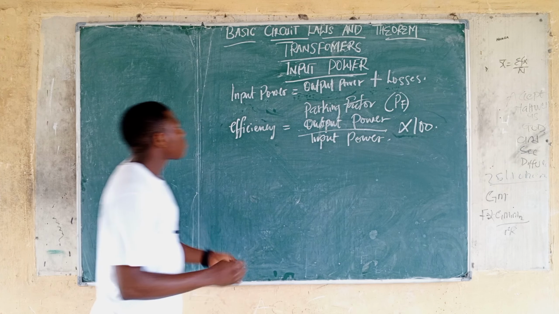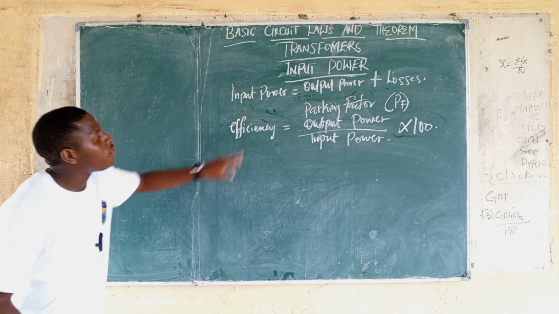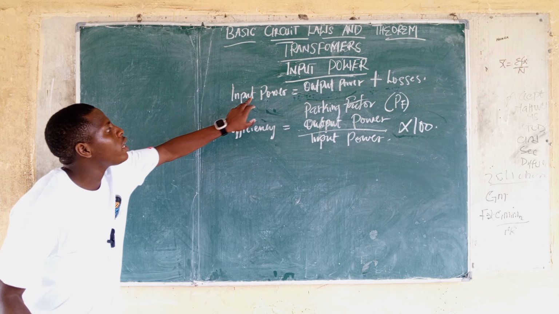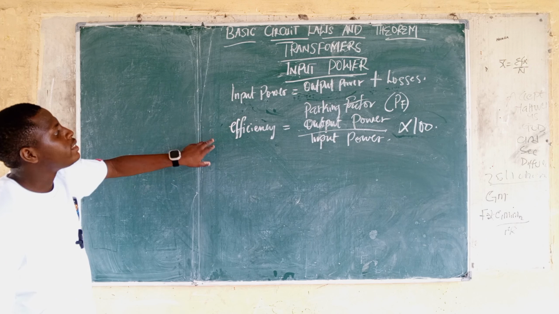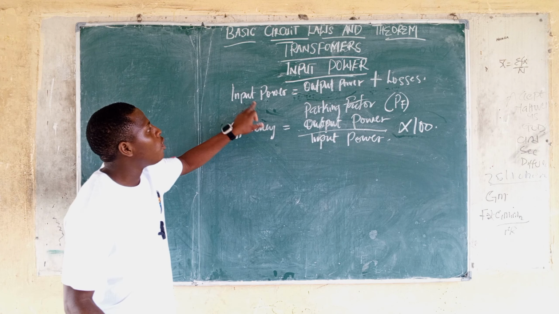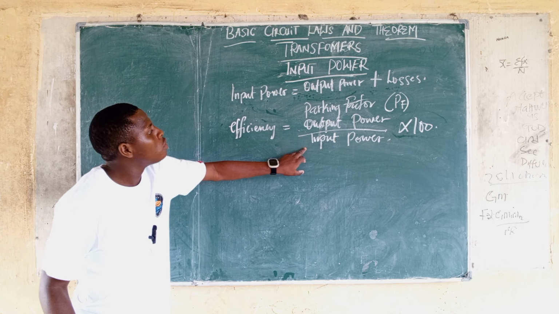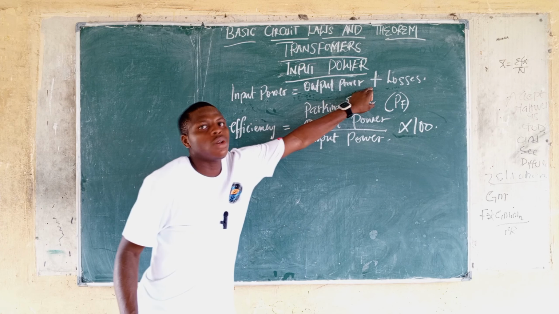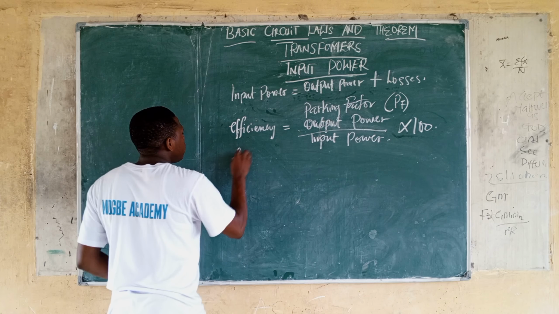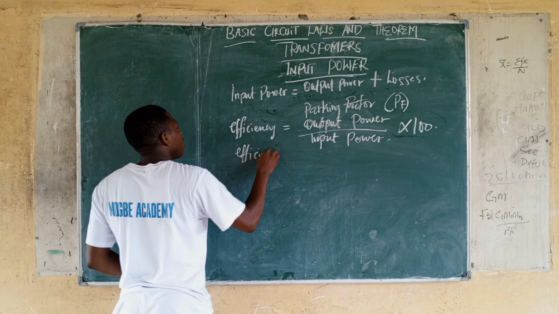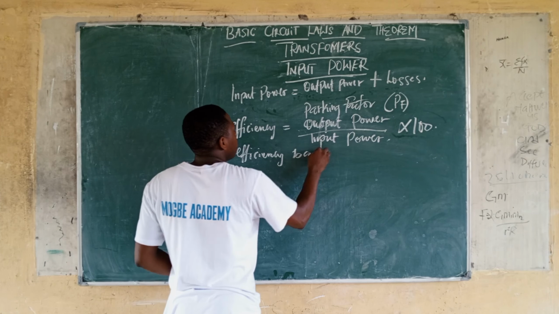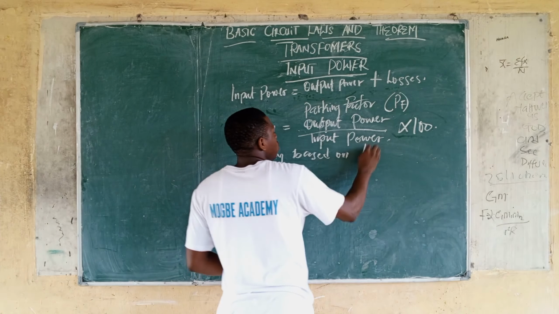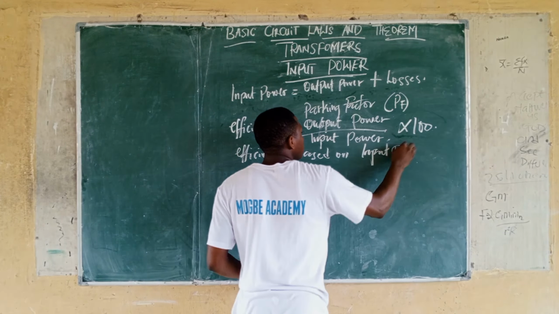You understand? So now, for you to calculate for efficiency based on your input power, it simply means anywhere you see your input power, you substitute your output power plus losses. So efficiency based on your input power.